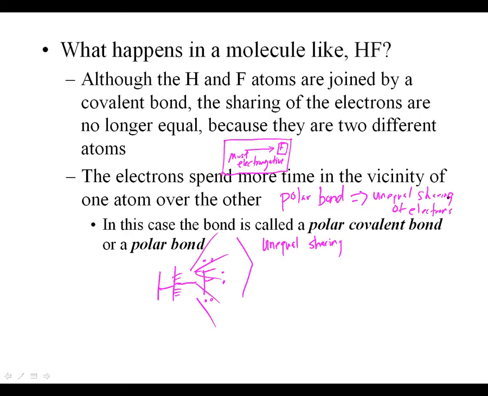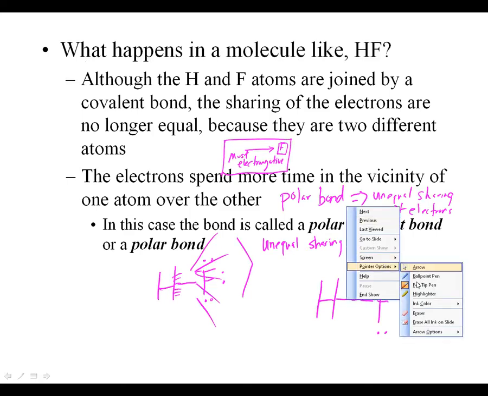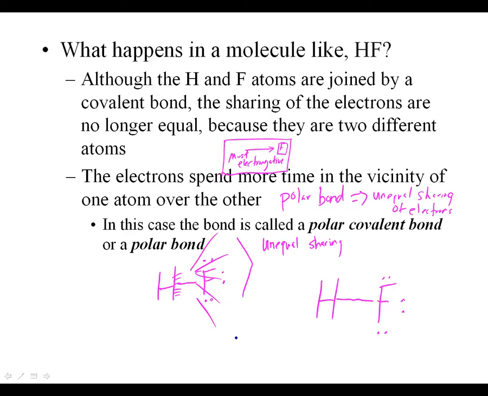Now, there is a result that occurs because of this unequal sharing of electrons in something like HF. Because the electrons are hanging out over by the fluorine more than the hydrogen, this side is going to become more negative because it's got the electrons hanging out, while the side where the hydrogen is going to become more positive.